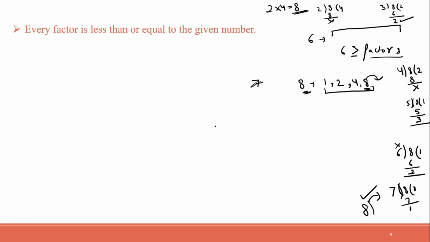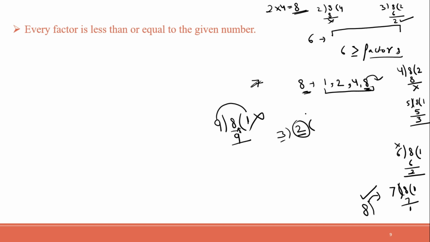We will not check for 9 because if I want to check for 9, I will not get any term that can divide this, because 9 into 1, 9, is bigger than this 8. So we cannot divide this. I cannot divide 2 with 3 exactly because this 3 is bigger than this 2.